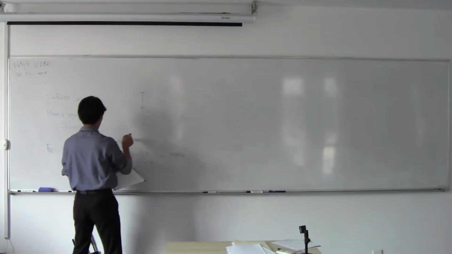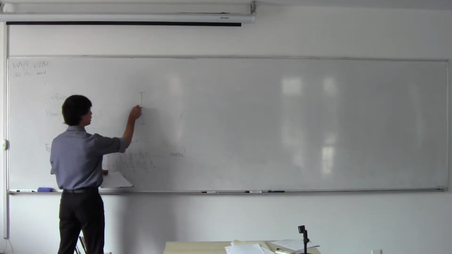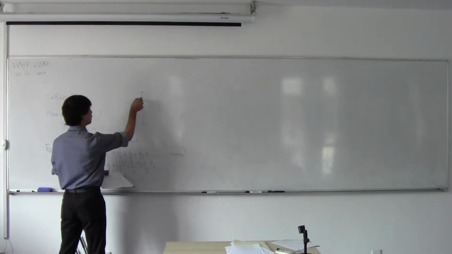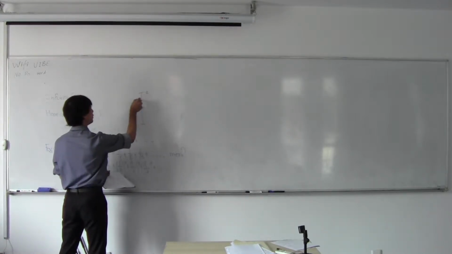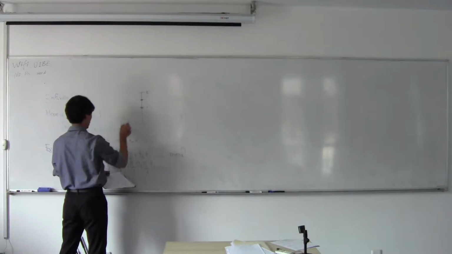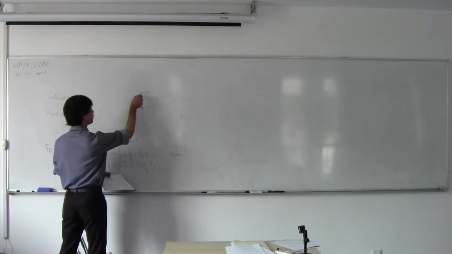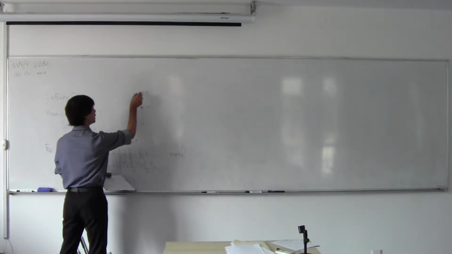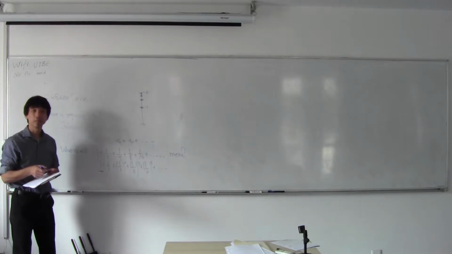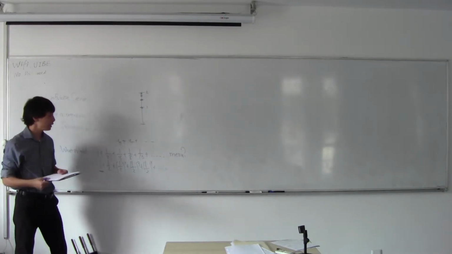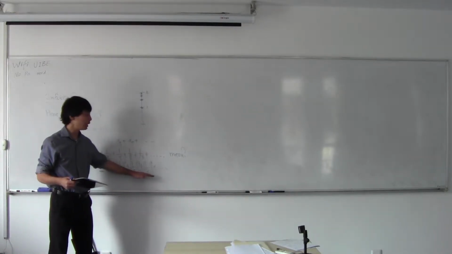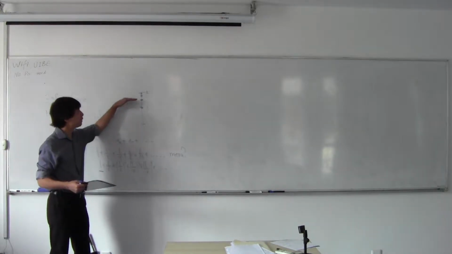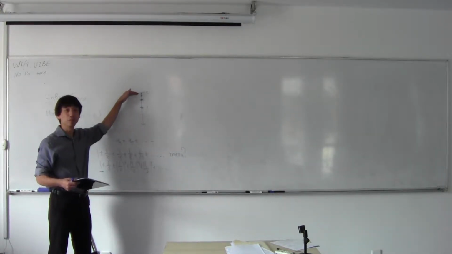We add on a half, we get to here, we add on a quarter, we get to here, we add on an eighth, we get to here, we add on a 16th, we get to here. You see what we're doing, right? Every time we add on a term, we're halving the distance to 2.